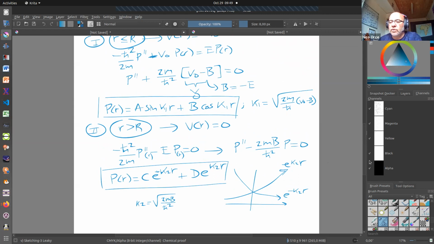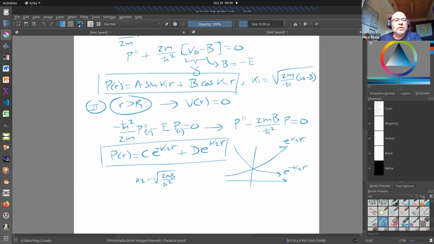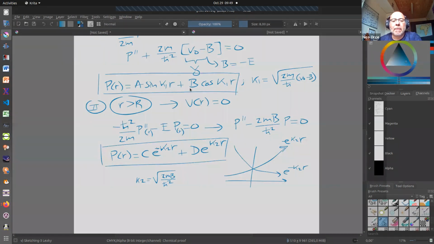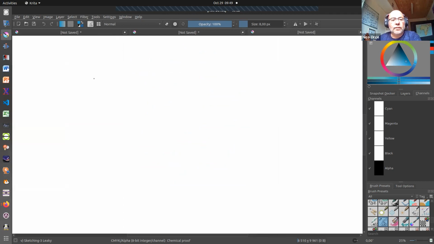So now we try to solve this. Let's open a new page here. And now what we're going to do is apply boundary conditions. Now we know the two functions, which were P in that region 1, and this is 1 and this is 2 outside the well.